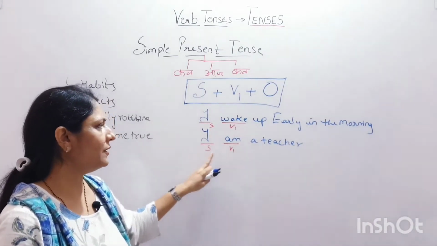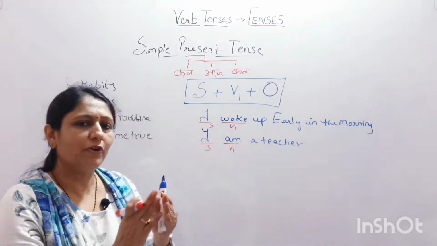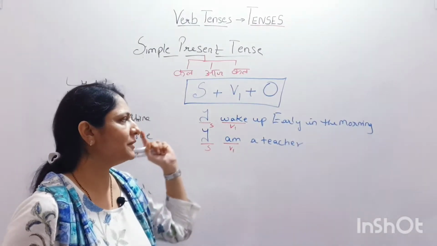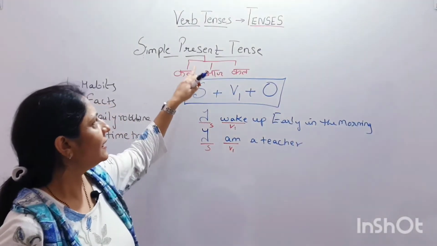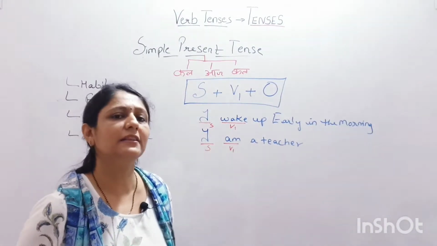So here it's a fact about me that I am a teacher. That means for a longer duration of time, I was a teacher, I am a teacher and I will remain a teacher. So again, it signifies this formula. Similarly, I wake up early in the morning.